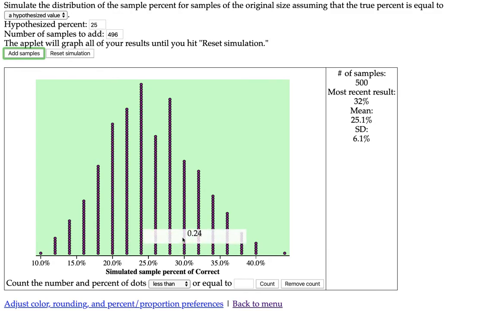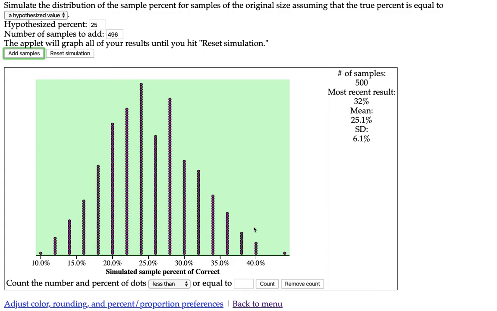A random guesser generally would score somewhere in this 25% or 20 to 30% range, which makes sense because they're just randomly bubbling circles. So the question is now, we know this distribution right here is what we know to be true about a random guesser on this test.